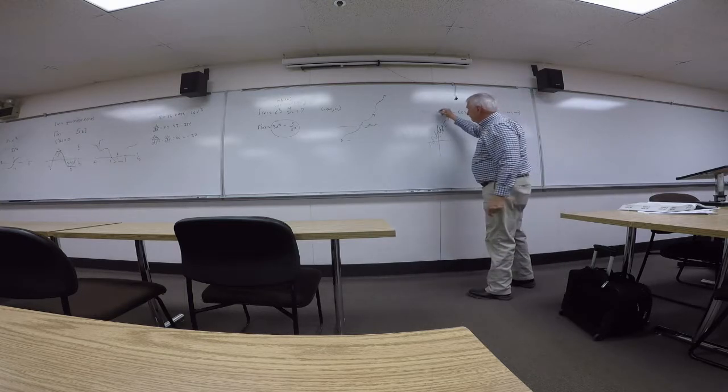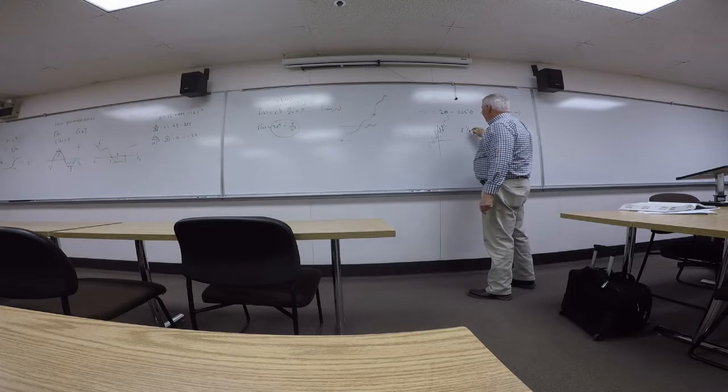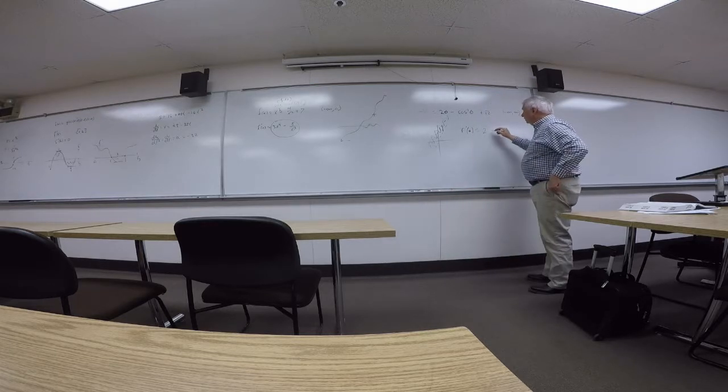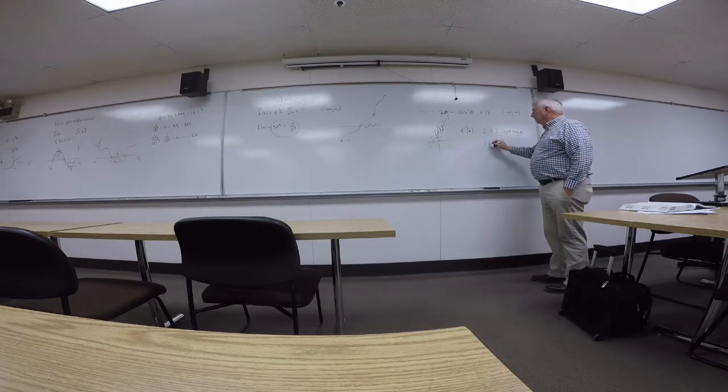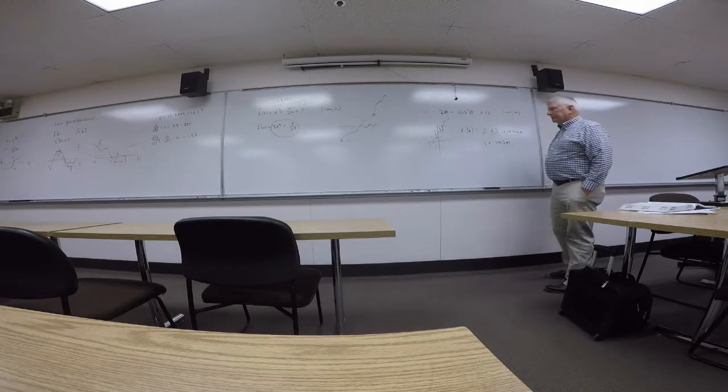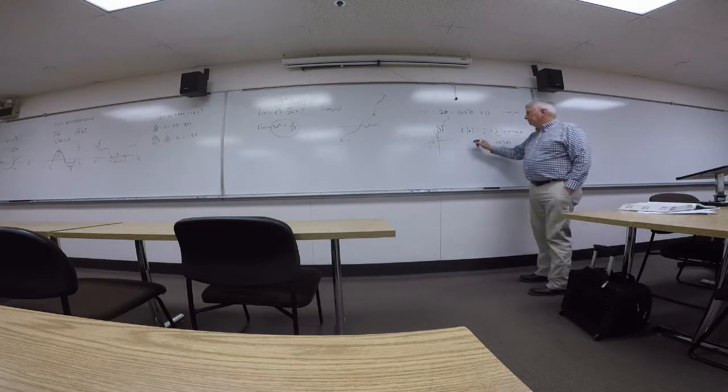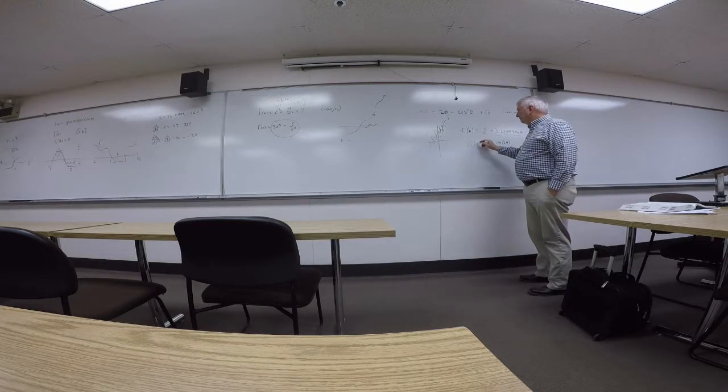Derivative, r prime of theta equals 2 minus 2 cosine theta, times the derivative of cosine theta, plus sine theta, plus 0. Well, this is 2 plus sine 2 theta.